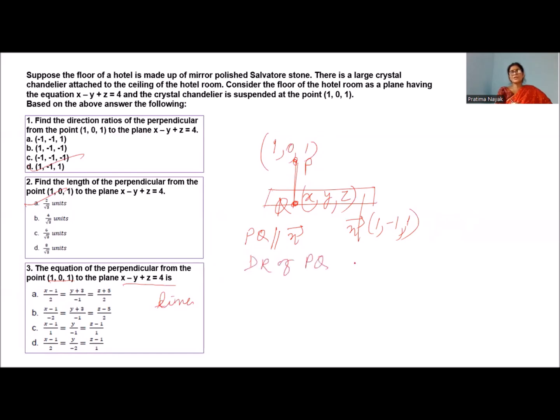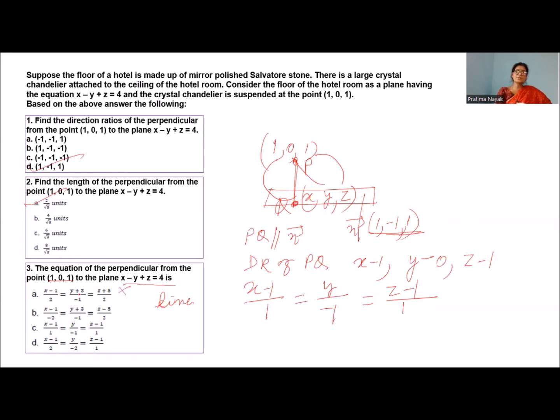This is nothing but x minus 1, y minus 0, and z minus 1, and they will be proportional to this. So I'll write (x minus 1) upon 1 is equal to y upon -1 is equal to (z minus 1) upon 1.